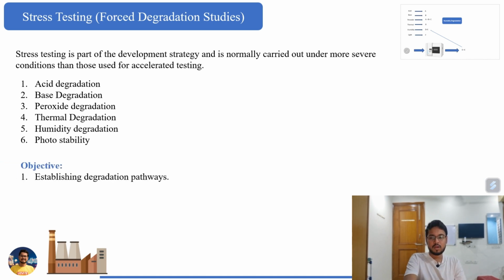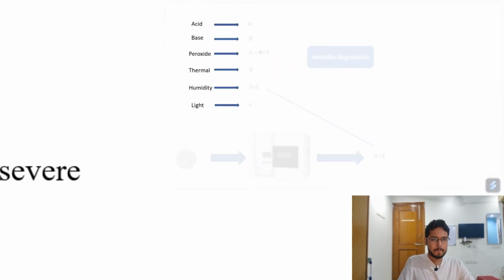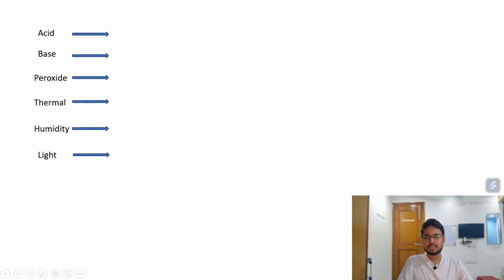Now, to understand it more clearly, the first thing forced degradation studies help to do is to establish the degradation pathway. Let me give you an idea so that you understand it better. Suppose I took my drug product and exposed it to acid, base, peroxide, thermal, humidity and light, as you can see on the screen.